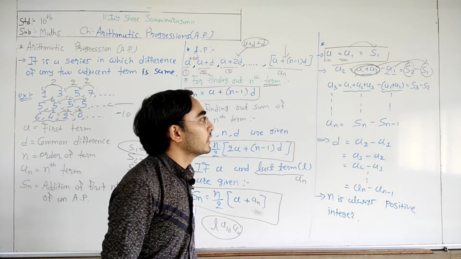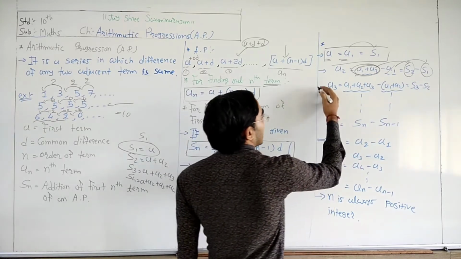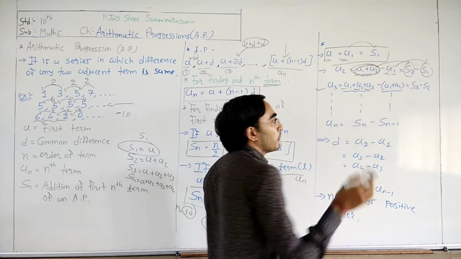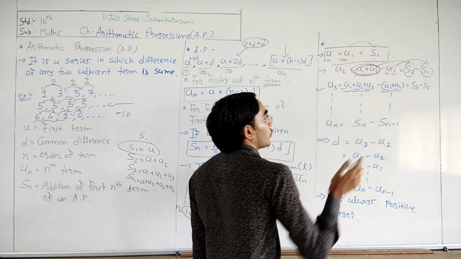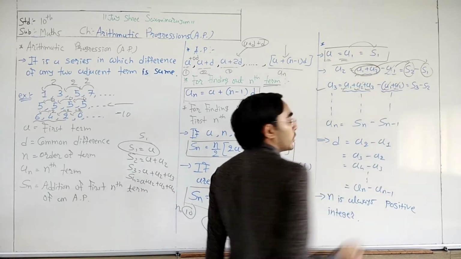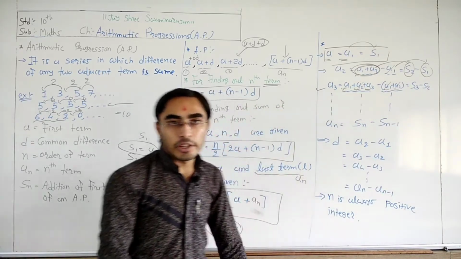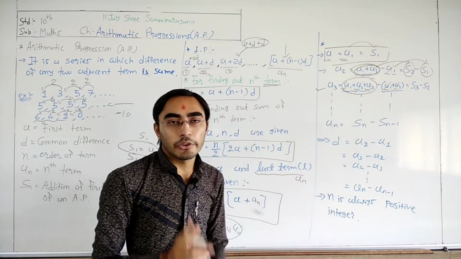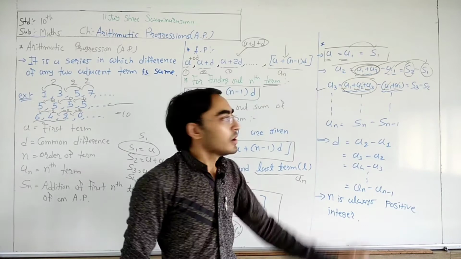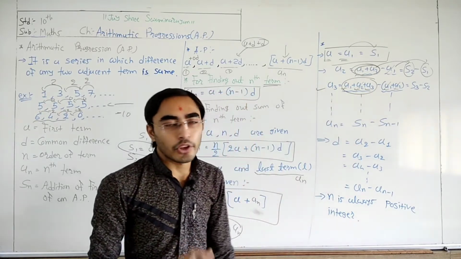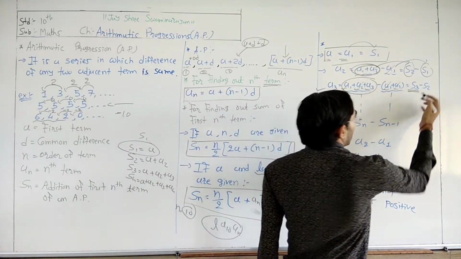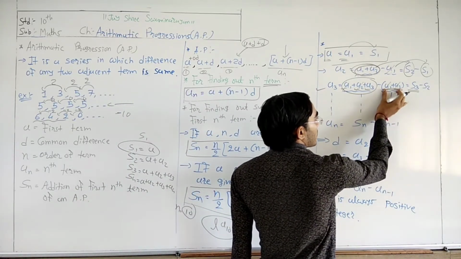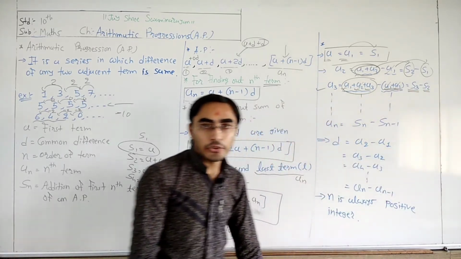So a2 = S2 minus S1. Similarly, if we want to find a3, we can write it like this: (a1 plus a2 plus a3) minus (a1 plus a2). So a1 cancels, a2 cancels, finally a3 is remaining. Now a1 plus a2 plus a3 means the sum of the first three terms, represented by S3, minus a1 plus a2, the sum of the first two terms, represented by S2.